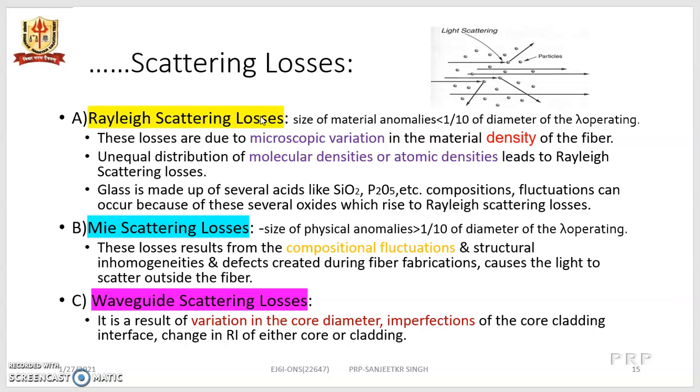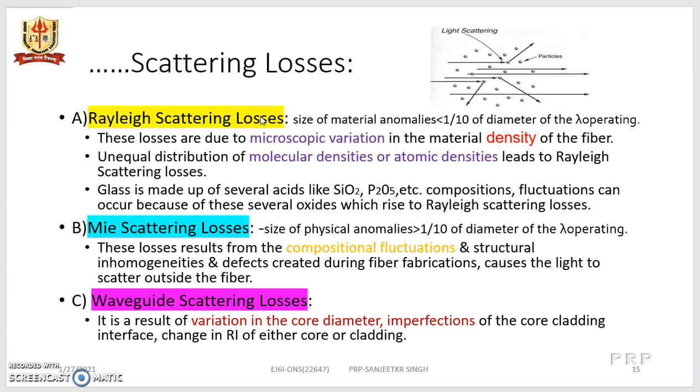And as we know, the glass is made of oxides like silicon dioxide, P2O5, etc. The compositional fluctuations can occur during manufacturing, and these several oxides give rise to Rayleigh scattering losses.